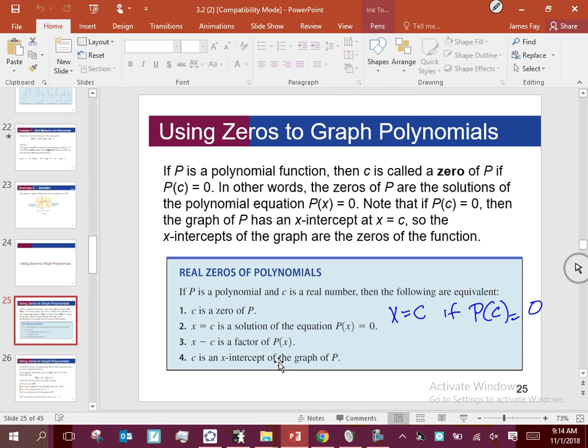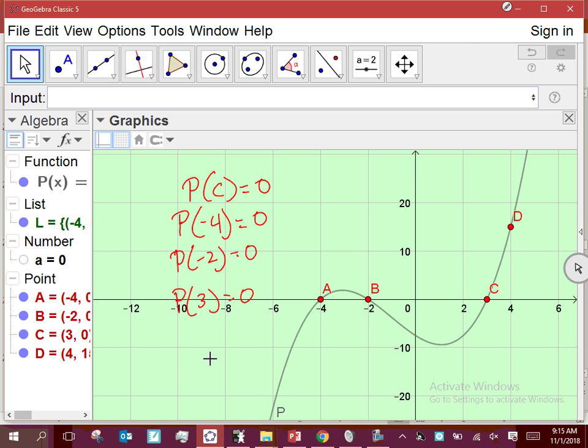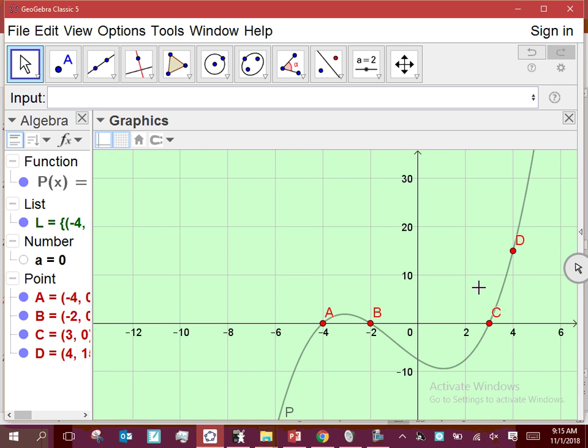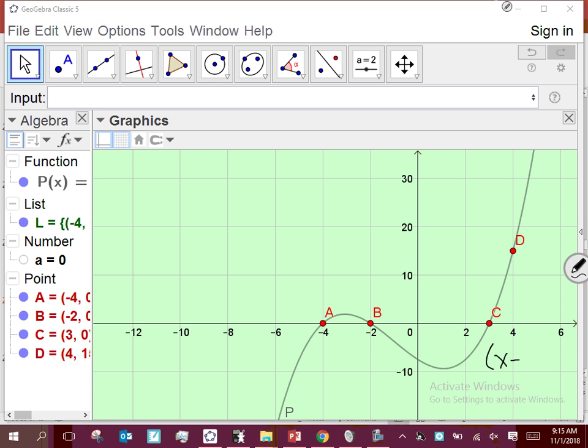And the last one we have to talk about is that x minus c is a factor of p of x. If we go back to the specific case that we're using, we would have the 3. So what we're getting here is that if 3 is a zero, then x minus that is a factor of my polynomial p of x.